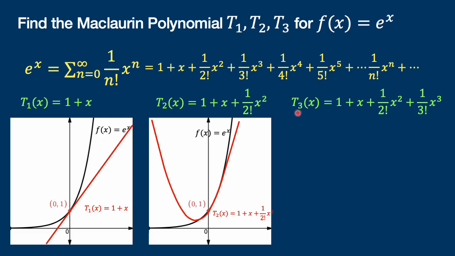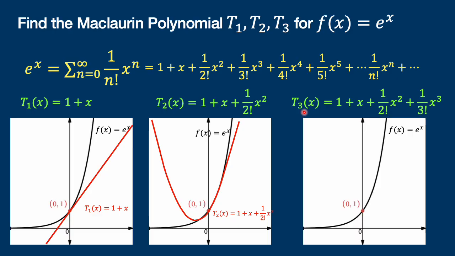That's the degree 3 Maclaurin polynomial. Now, this is the exponential function. Sketching the degree 3 Maclaurin polynomial, it looks like this. It's getting close except on this side, which means this Maclaurin polynomial is getting close to the exponential function. That's the concept of the Maclaurin polynomial.